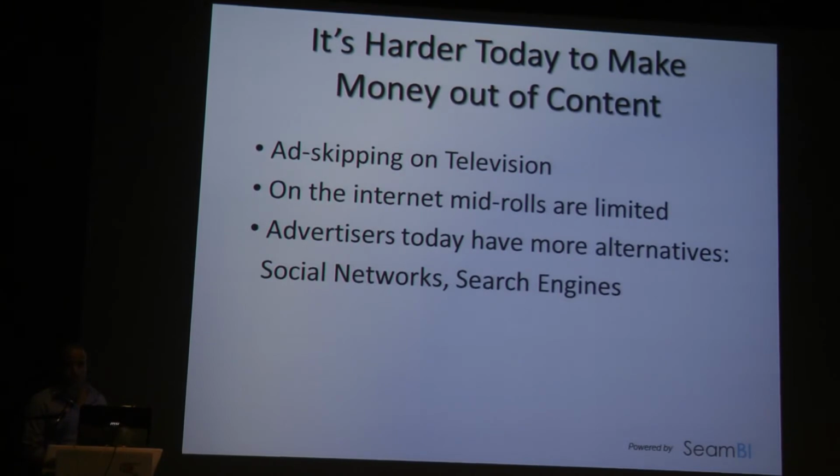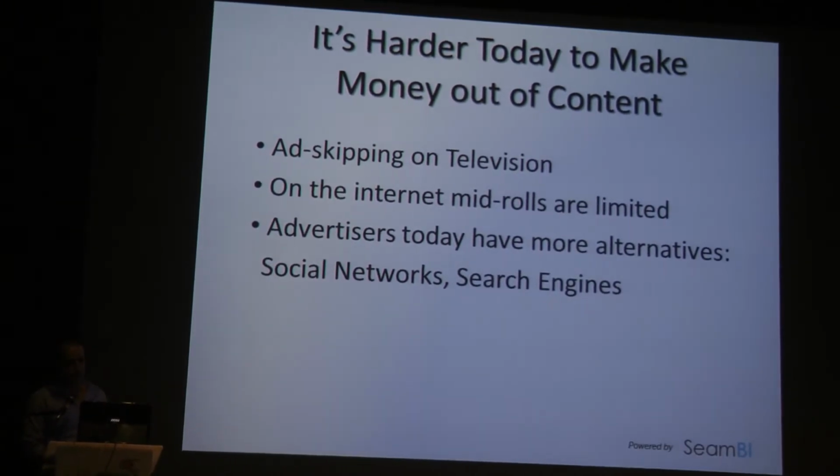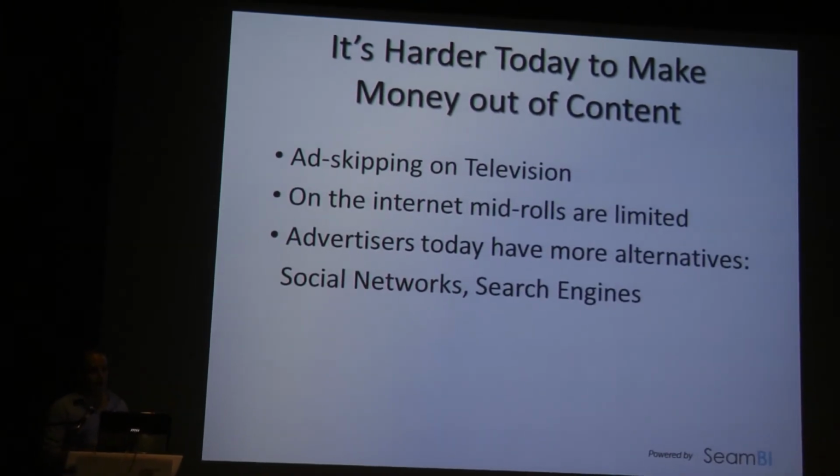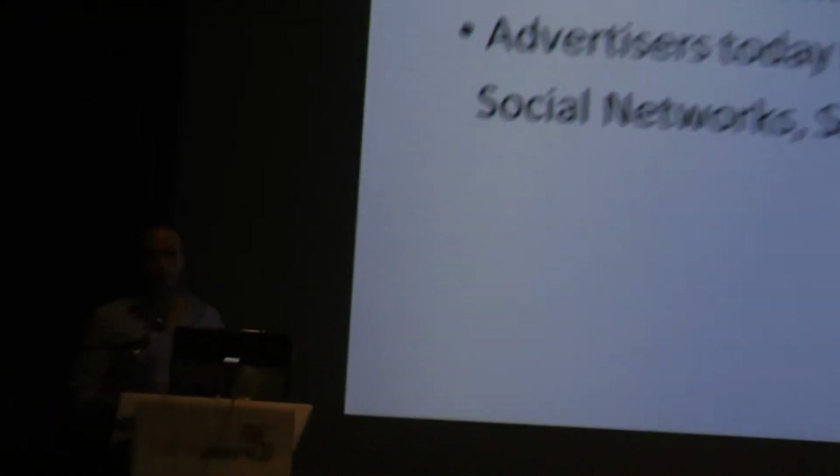And the question is, social networks are the alternative, because people are now dividing their time between watching video content, being in the social network, and doing other stuff on the computer, like searching things. In the past, people were only watching television, and therefore advertisers, if they wanted to reach the audience, had one way to do it, through television.